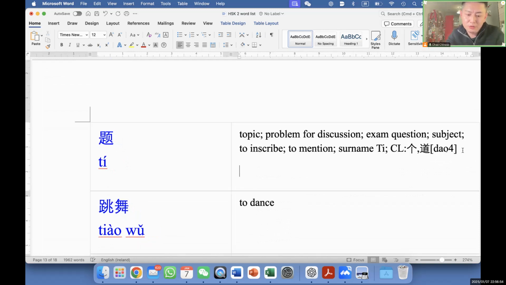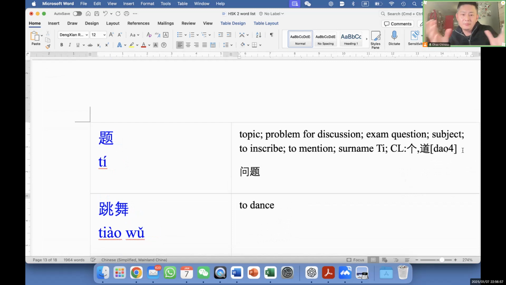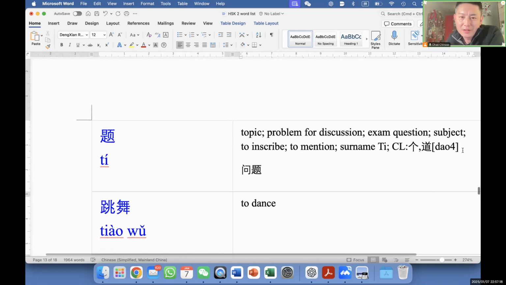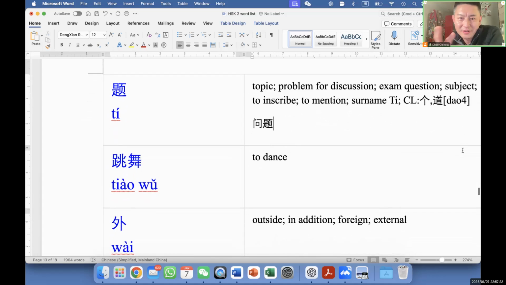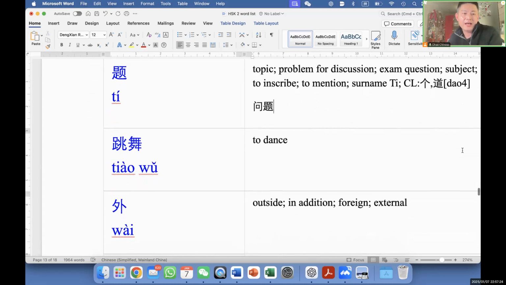And now we usually use 问题, the more common word, to mean problem or question. Now again, problem or question. Is there a connection? Yeah, there is. And if you speak to another Chinese person with not so good English, he probably won't make that mistake often, like sometimes I do, because they have the same word in Chinese.